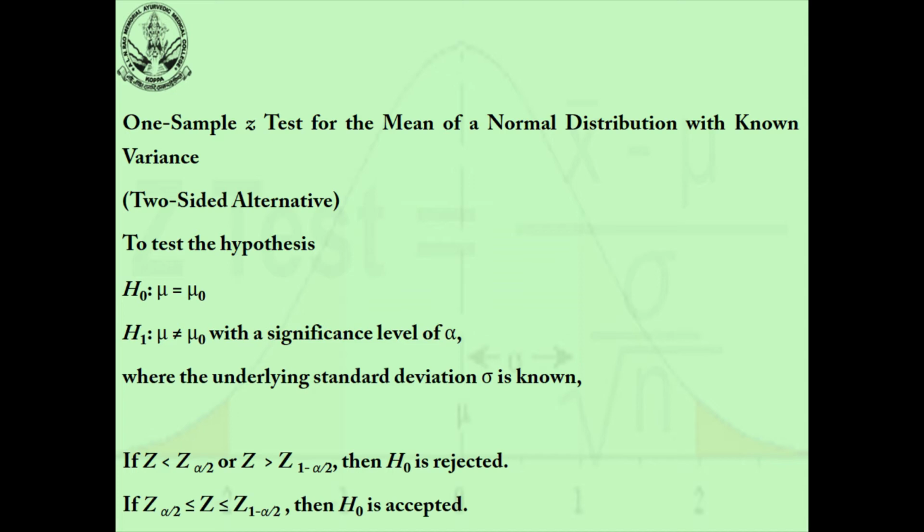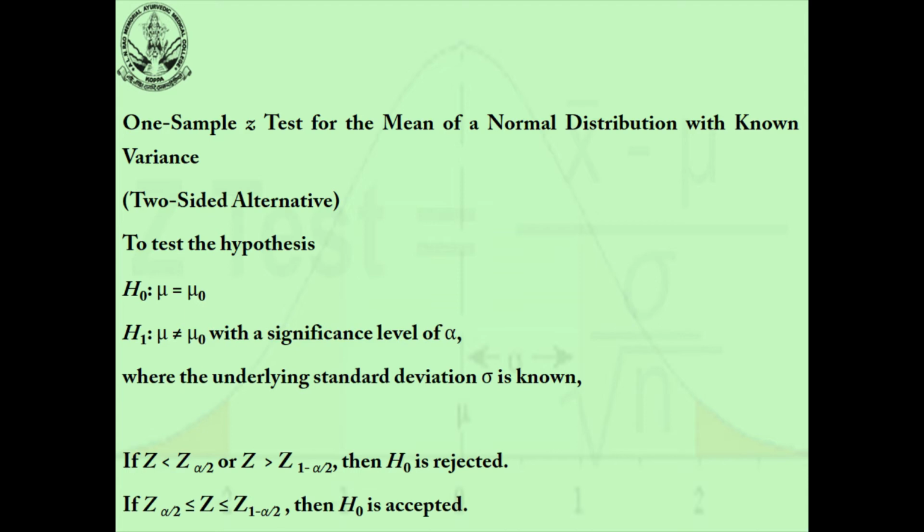To test the hypothesis, you write H0: mu is equal to mu 0, meaning the population mean is equal to the sample mean, while the alternative hypothesis is that there is a difference between them, with a significance level of alpha.